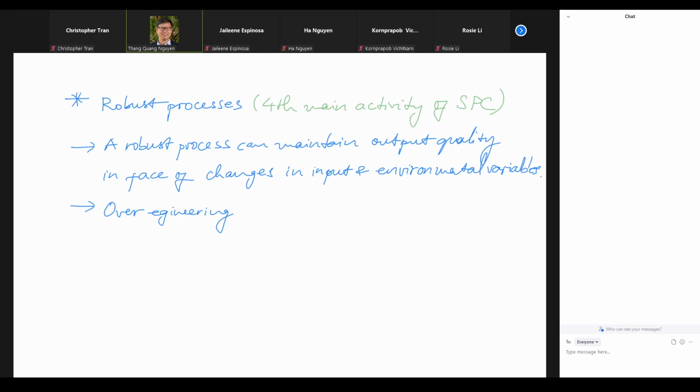It is made of metal. It's a big piece of metal that goes diagonally like this. That will help the building to maintain its integrity in case there's a big earthquake. Okay, so that is called over engineering.